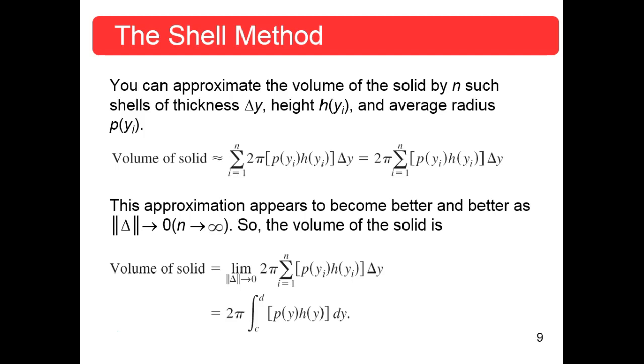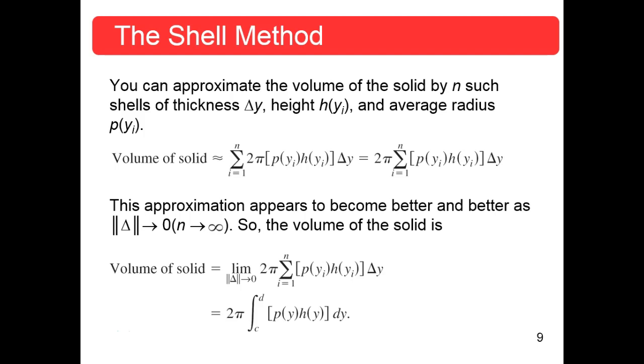Okay? That approximation appears to become better and better as your norm, which is the maximum thickness of your delta y's, is approaching 0. That means your n, the number of slices or shells that you have, is approaching infinity.